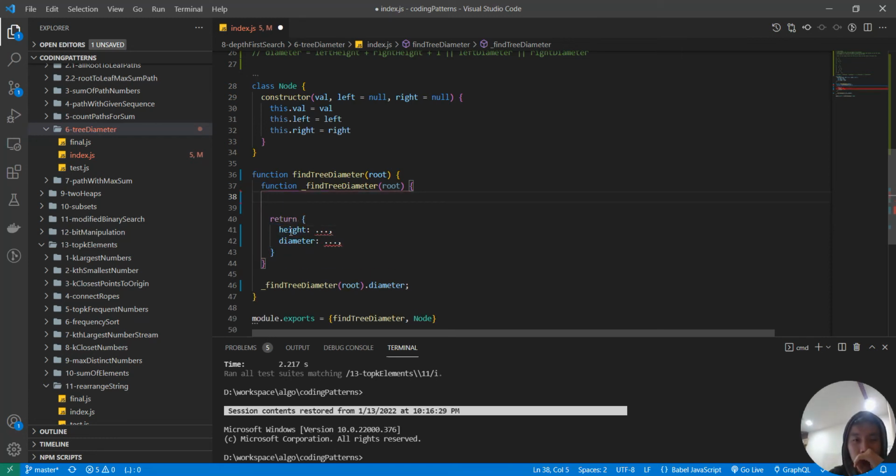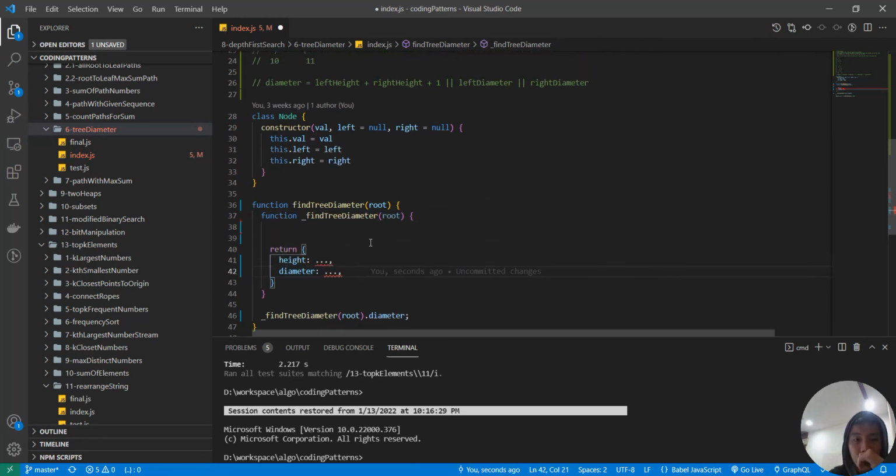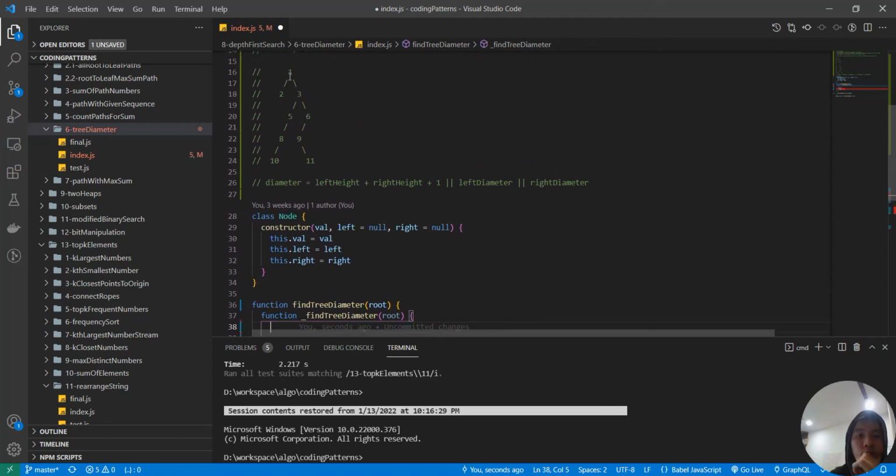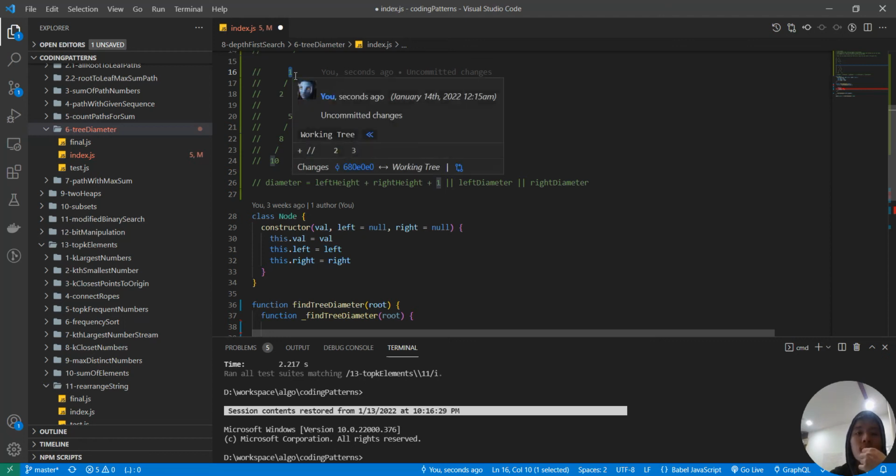Okay, inside here I need to find the height and diameter of this root. The height of a node is, let's say for example here, I need to call it recursively until it reaches the leaf node.